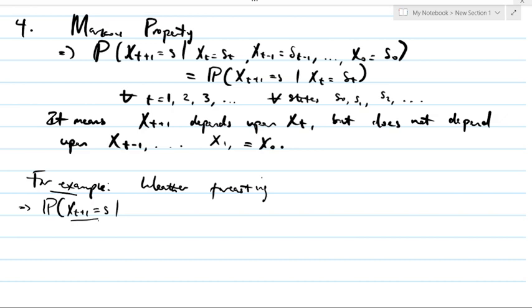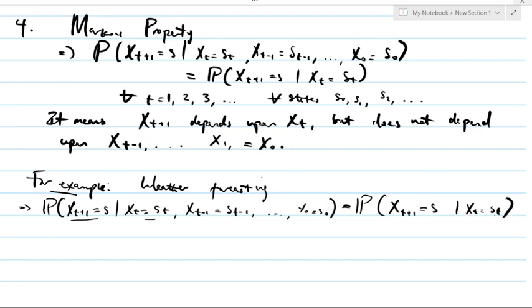This connotes tomorrow's weather, where x subscript t is today's weather, x subscript t minus 1 connotes yesterday's weather, then the day before yesterday, and so on. So the Markov property says that for us to predict tomorrow's weather, which is x subscript t plus 1, we only need to consider today's weather. Hope you can get that.